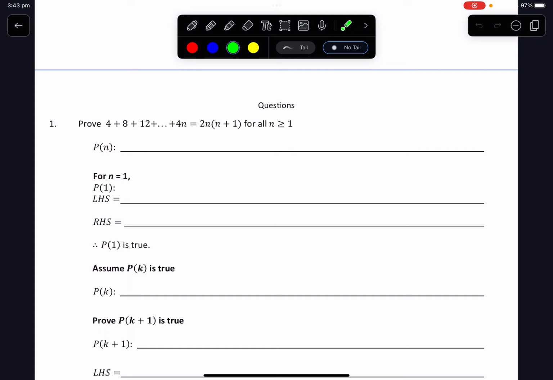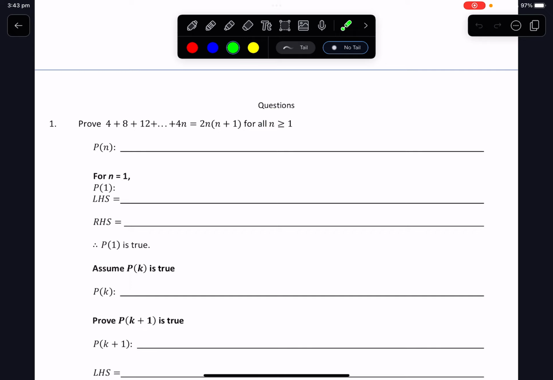Now, a mathematical induction proof has a few key features. It has my general statement in terms of n. It has my base case, so I choose n equals 1 or n equals 2 depending on my condition on n here.